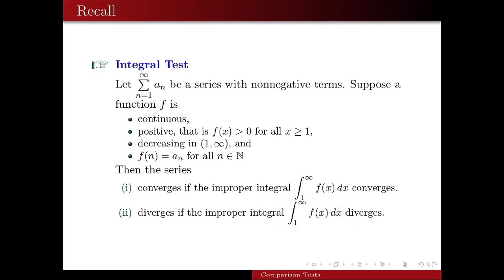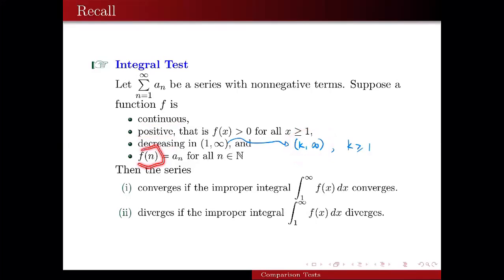And here, take note that the interval we said is from 1 to plus infinity. We can replace this with the interval k up to plus infinity for some k greater than or equal to 1, whatever your k is. So you can check if the function is continuous, positive, decreasing on this interval.